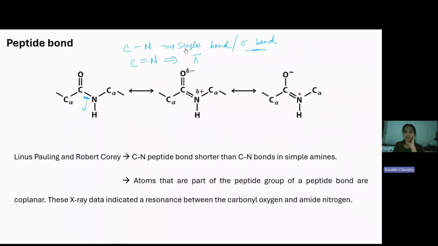In general, a single bond is much longer, and a full double bond, with pi bond character, would be much shorter. However, this area showed neither complete single bond lengths nor double bond lengths; it showed something intermediate in between. That is why the data indicated a resonance between the carbonyl oxygen and amide nitrogen, which gives a double bond character here.